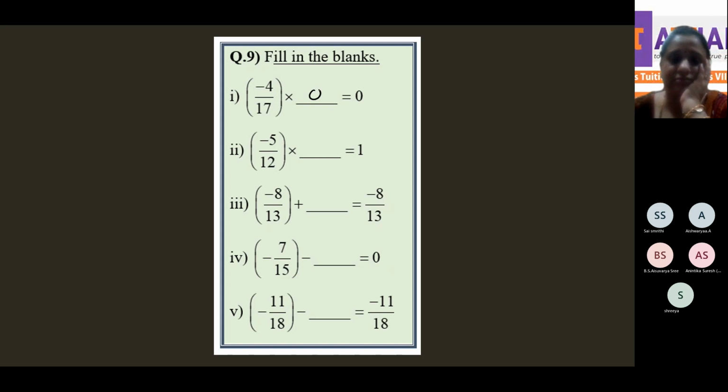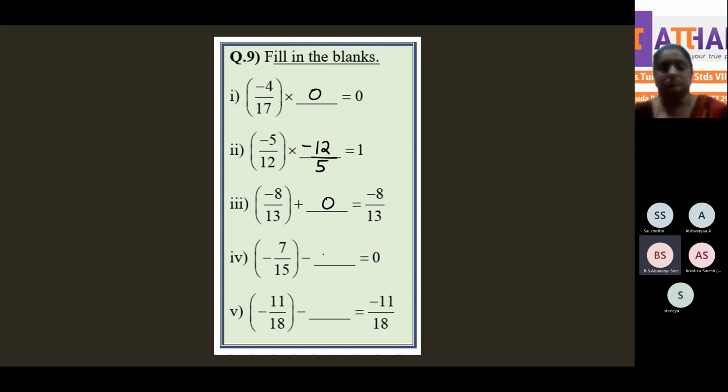Okay, correct. The second one is minus 12 by 5. Correct. Aishwarya Shri, next one. 0, ma'am. Very good. Next one, Aishwarya Shri.